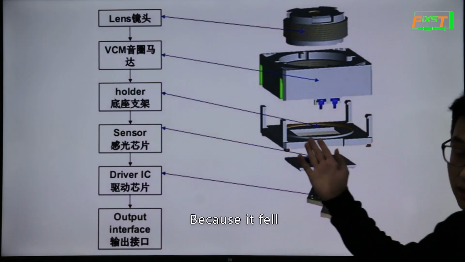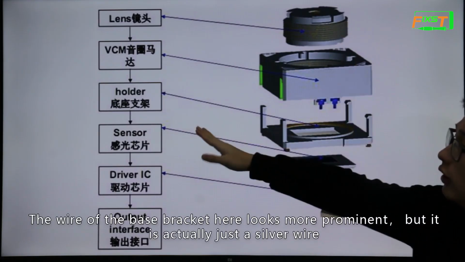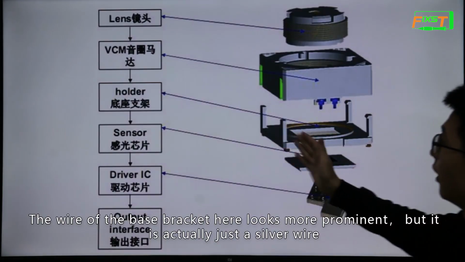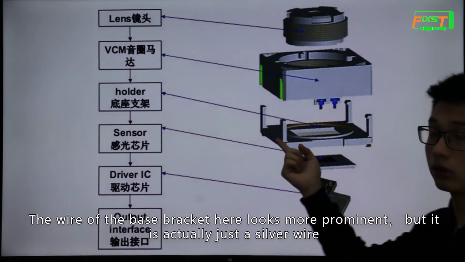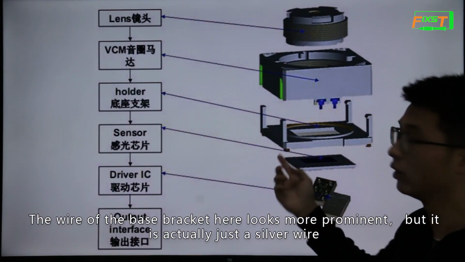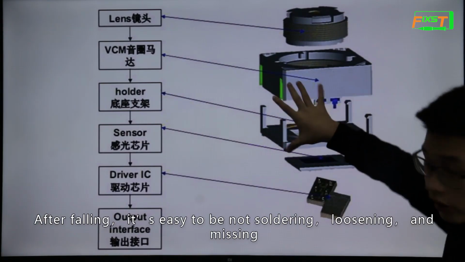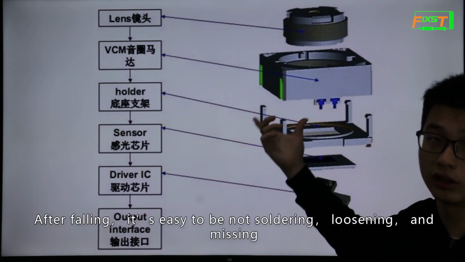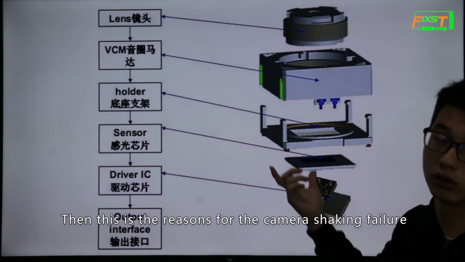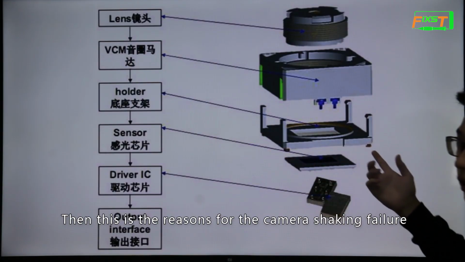Because the wire of the base bracket here looks prominent, but it is actually just a silver wire. After falling, it is easy for it to come unsoldered, loosen or go missing. This is the reason for the camera shaking failure.